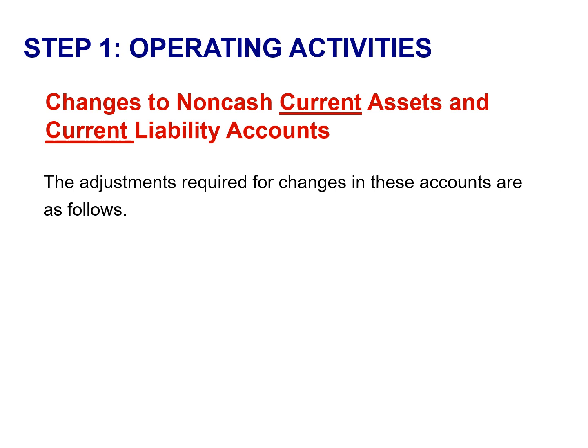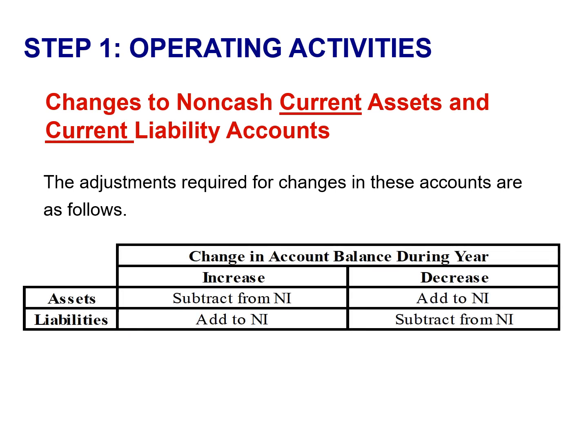We need to adjust net income for these accruals and prepayments to determine net cash provided by operating activities. We can apply the following general rules. Add the change when an operating asset decreases or an operating liability increases, and subtract the change when an operating asset increases or an operating liability decreases.